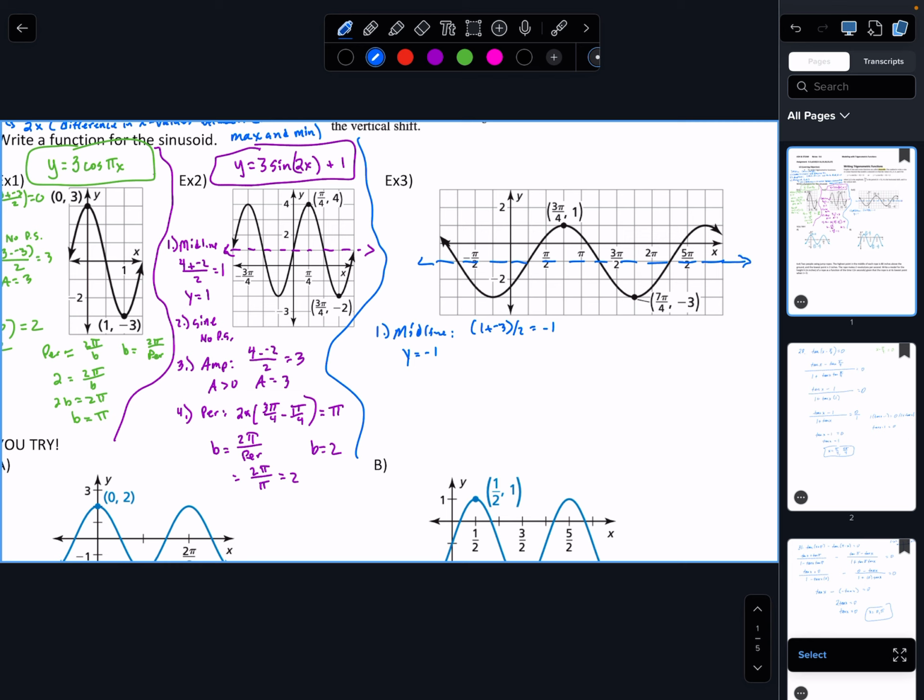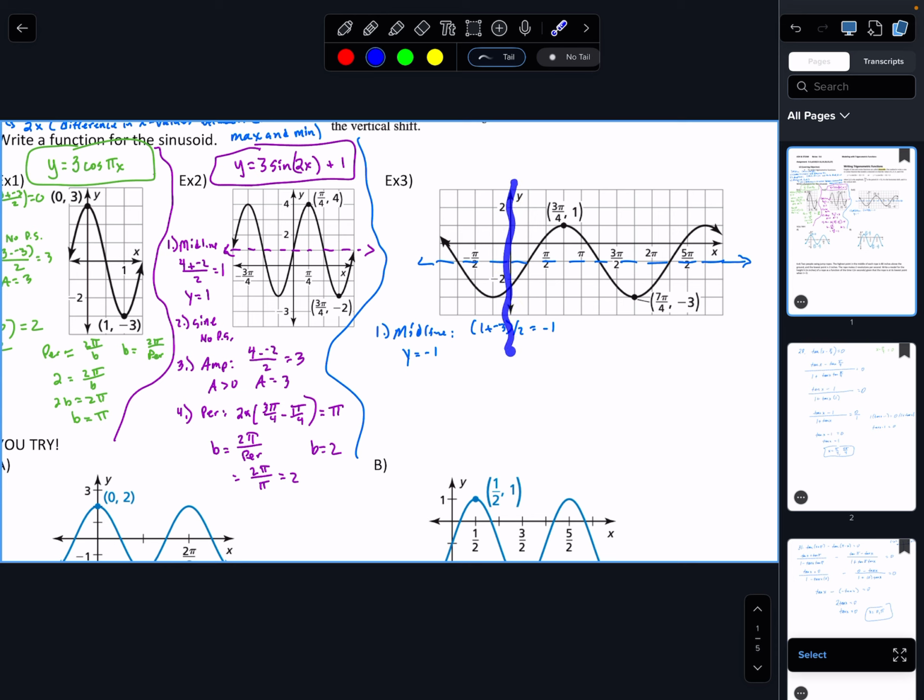And then you need to look at the y-axis and see how the function crosses it. But it's not crossing the y-axis at its max or at its min or at the midline. That means there's a phase shift. And you have a couple of options. There's more than one correct answer.